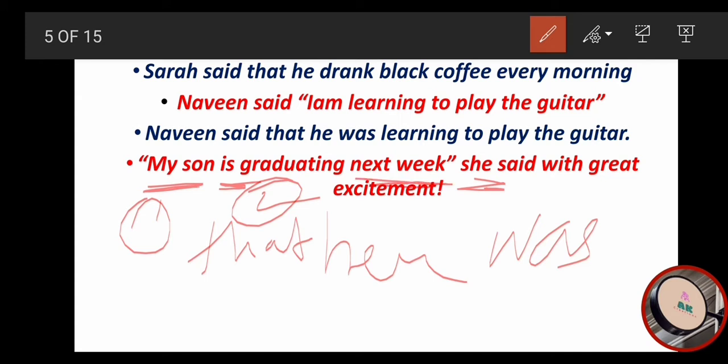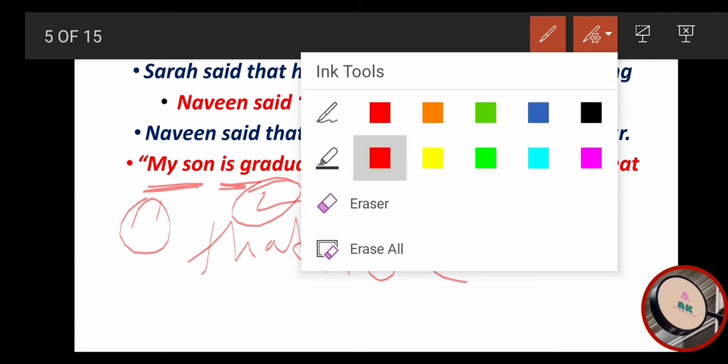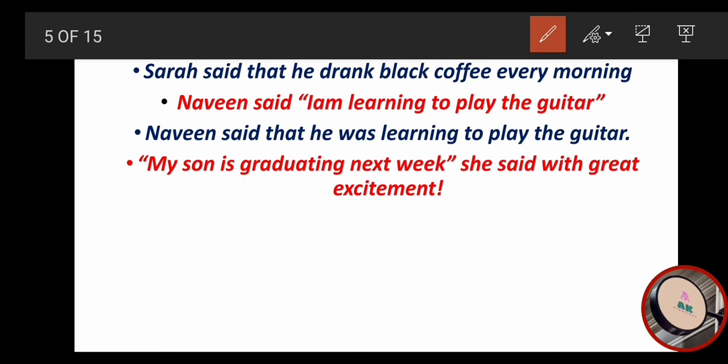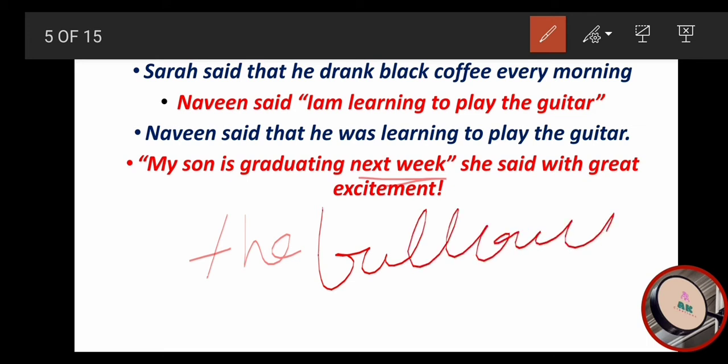next week. So here you have to use the third rule, changing the time. Yes, so here you can see next week. Next week is also okay, children, but if you want to change it, you can use the following week. So these are the things you have to remember.